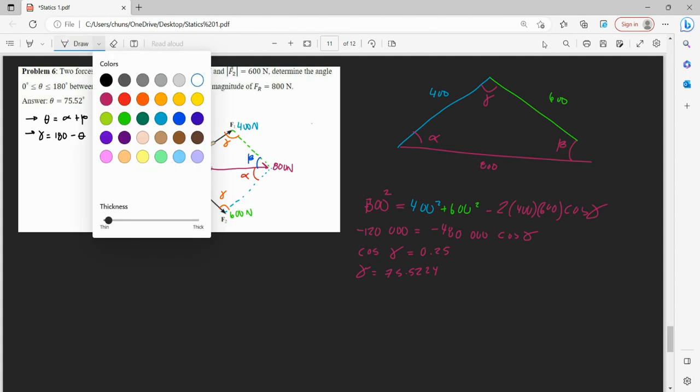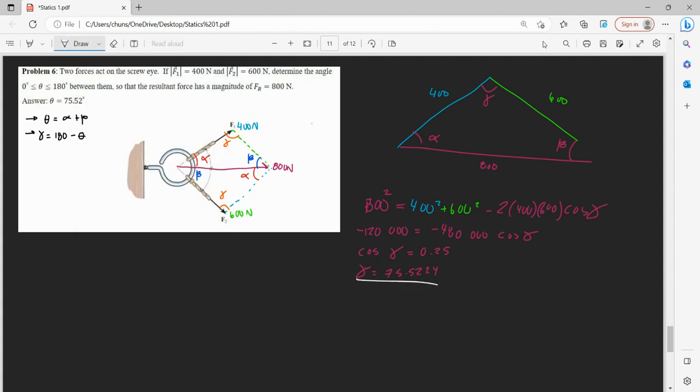Right, so that is our first part. And now we can use sine law to find the rest. So let's do sine beta over 400 equals sine 75.52 over 800.